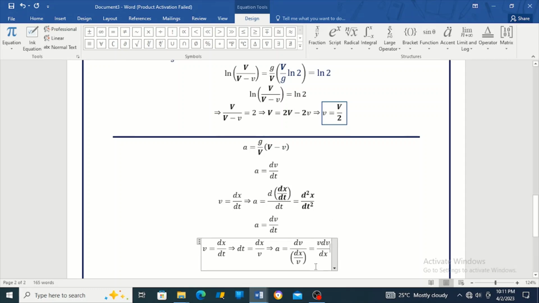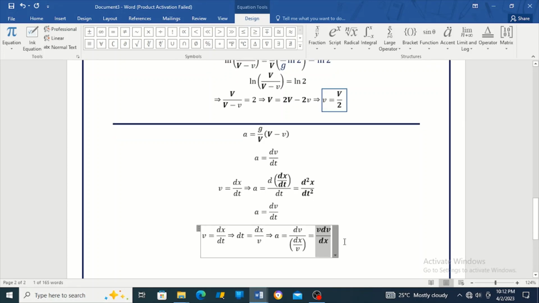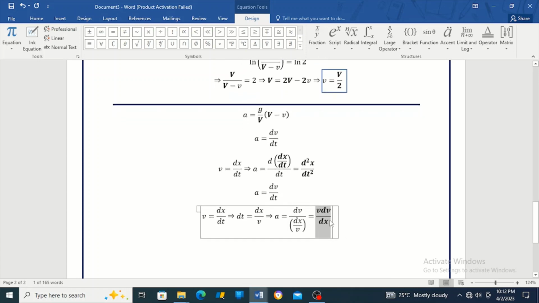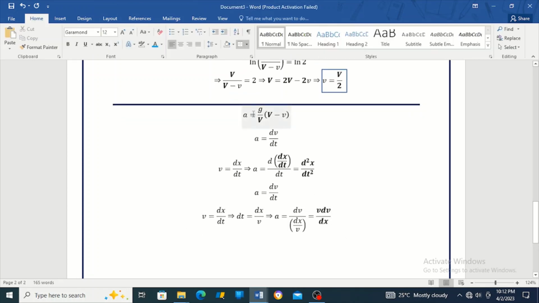So this is what relates the acceleration with the velocity alongside the distance. That is what we are going to use. So we are going to replace that value of v here. We are going to replace the value of the acceleration here, and then we change the variables and we integrate as well. So let us write on. Acceleration equal to g divided by V times V minus v.